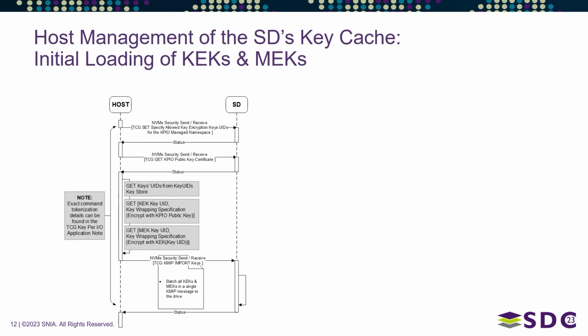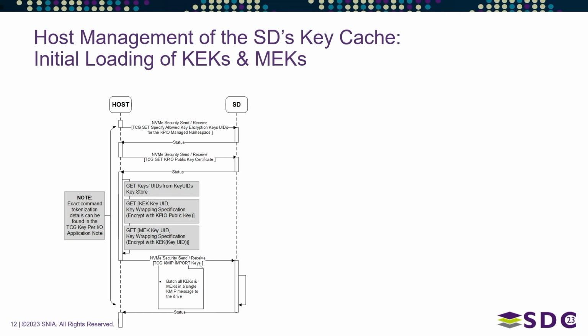So the loading of keys is done with a key injection mechanism, and this key injection mechanism is where we're using the KMIP specifications. So we're basically using KMIP commands and the structure and format from KMIP to do this.